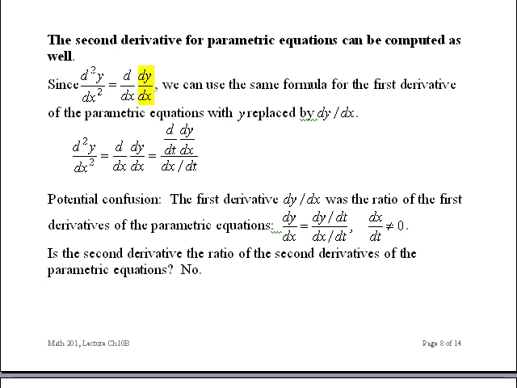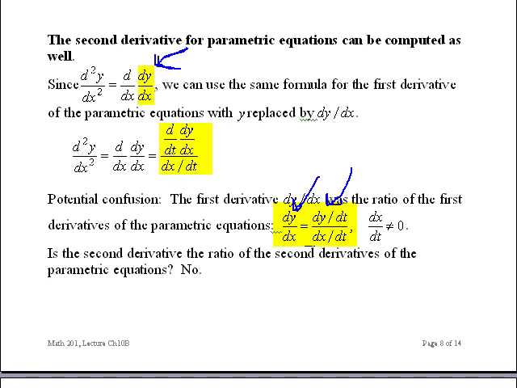We apply the same procedure that we did before, where instead of y, we use dy by dx. If you remember, for the first derivative, it's written right here, dy by dx equals dy by dt divided by dx by dt. But in this case, y, right here, is replaced by the first derivative, dy by dx. And that is the result you're seeing right here.